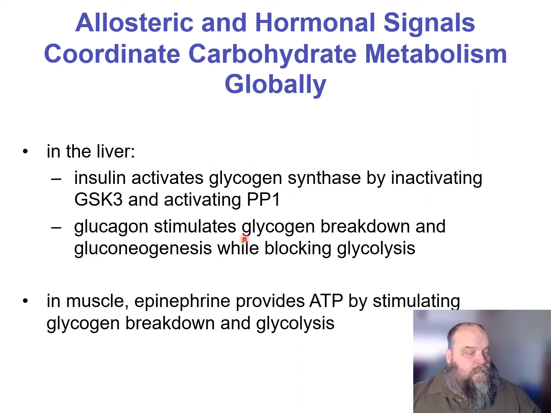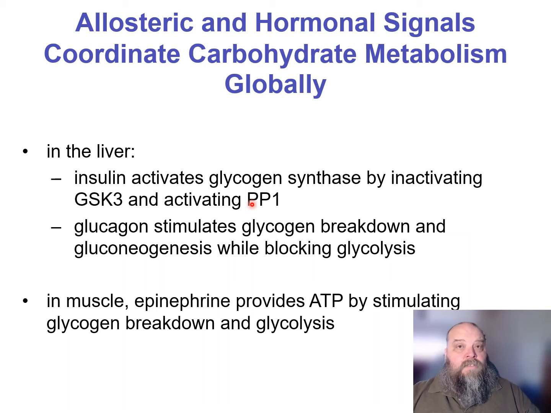Now, as I've mentioned, and I'm not going to beat this dead horse, in the liver, insulin and glucagon are in a battle. Insulin activates glycogen synthase. How does it do that? It inactivates GSK3, keeping synthase in the active A form.